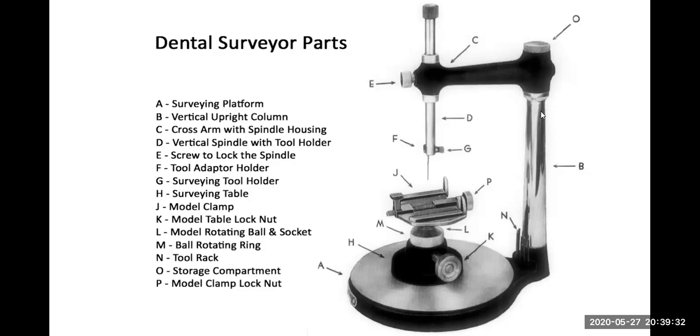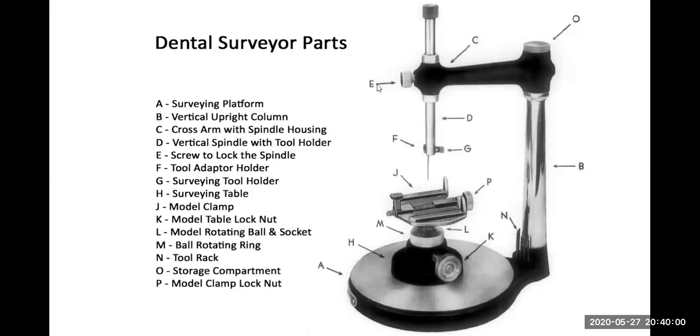Usually it's very sturdy and strong. Then you have the cross arm with spindle housing, that is C there. This is the arm that connects the screw that locks the spindle. Then the vertical spindle arm, which is this.